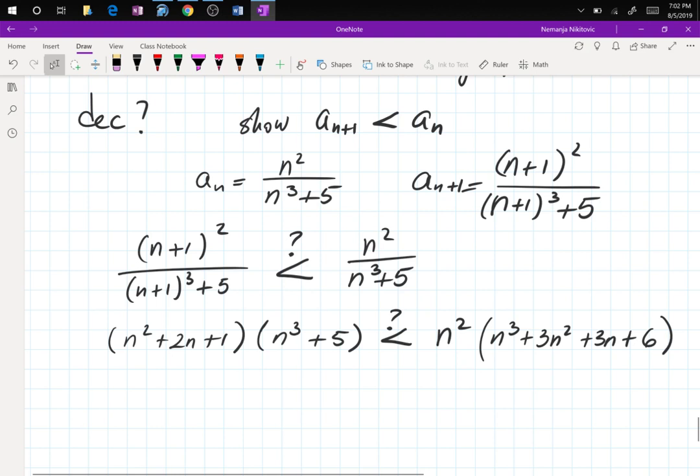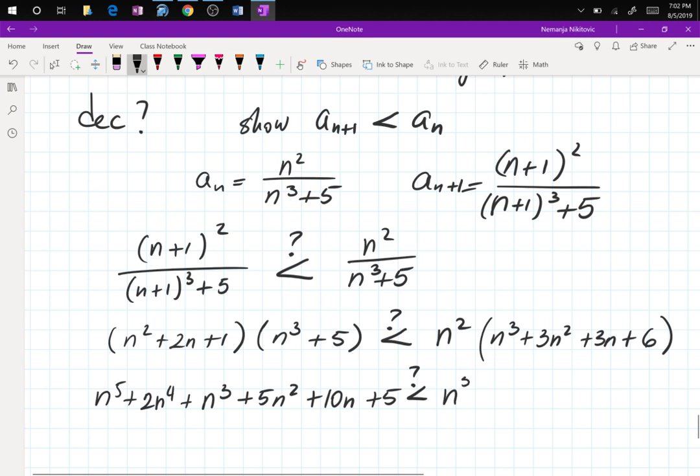So now you keep foiling. You have n to the 5 plus 2n to the 4 plus n cubed plus 5n squared plus 10n plus 5 needs to be smaller than n to the 5 plus 3n to the 4 plus 3n cubed plus 6n squared.